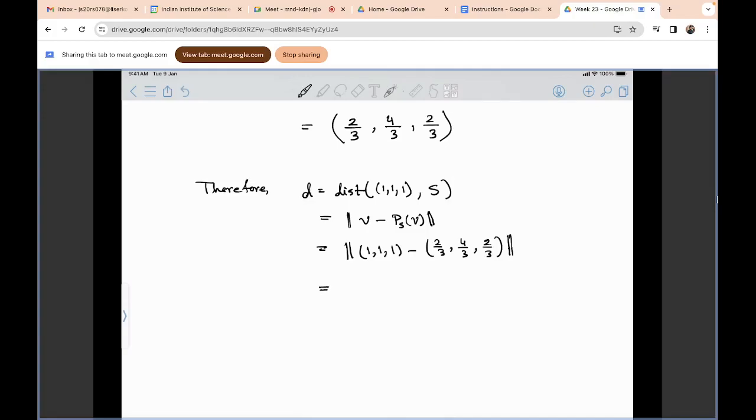So if you calculate, what you will get? 1 by 3 square root of 1 by 9 plus 1 by 9 plus 1 by 9. So square root 3 by 1 by 3. So this is the distance from 1, 1, 1 to S.